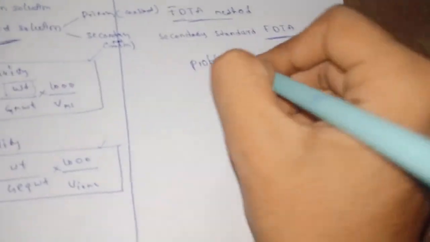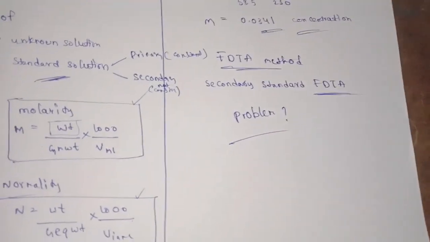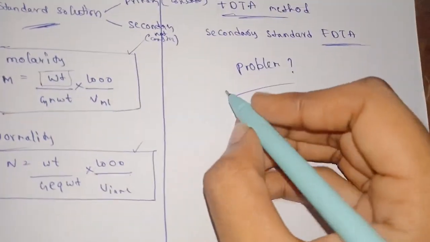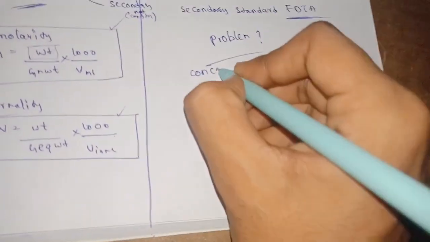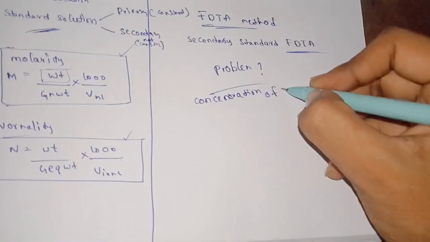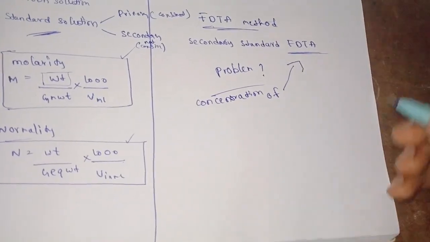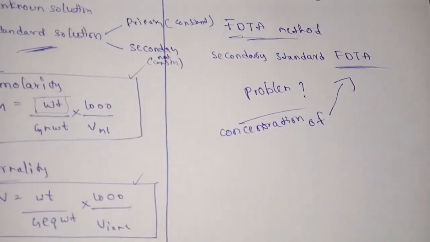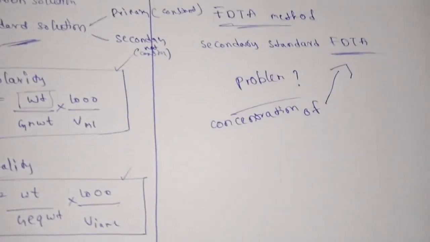So before determining the hardness of the water, we have to determine the concentration of EDTA. This is one of the problems that occurs. How do we find the concentration of EDTA?